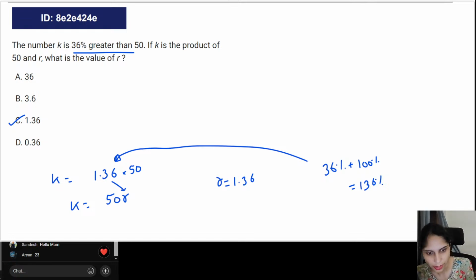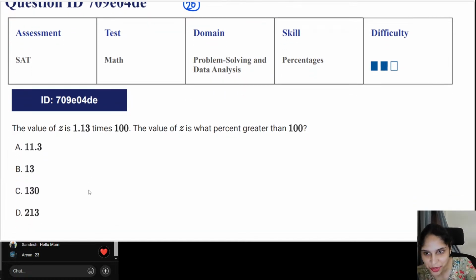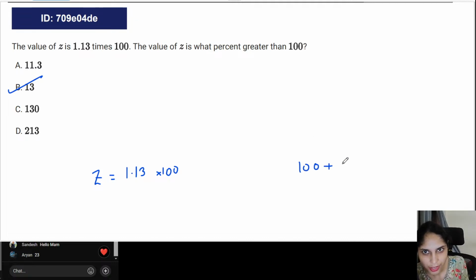Next one is question number 20. Again, the value of z is 1.13 times 100. The value of z is what percent greater than 100? 13%. How do I know directly? Because 1.13 times 100. So what percent greater than? You have to see what you're adding to 100. You're adding 13 to 100.